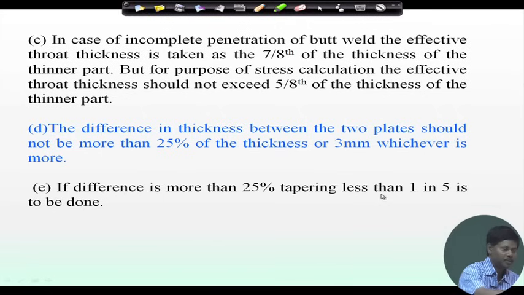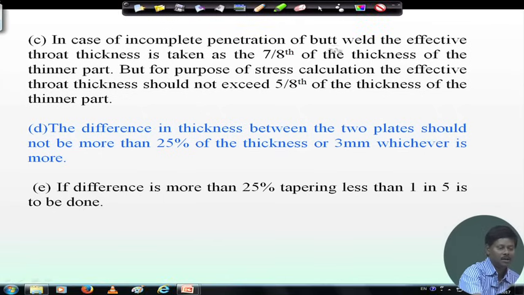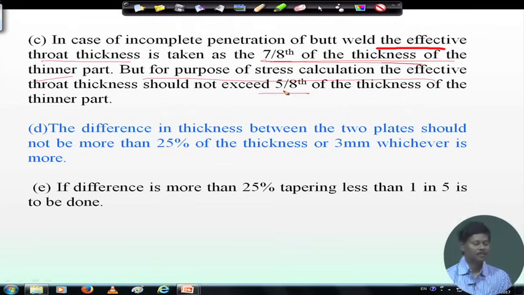In case of incomplete penetration, the effective throat thickness is taken as 7/8 of the thickness, not the full thickness. So, 7/8 of the thickness of the thinner part, but for the purpose of stress calculation, we will take 5/8 of the thickness of the thinner part. So, there are two things.